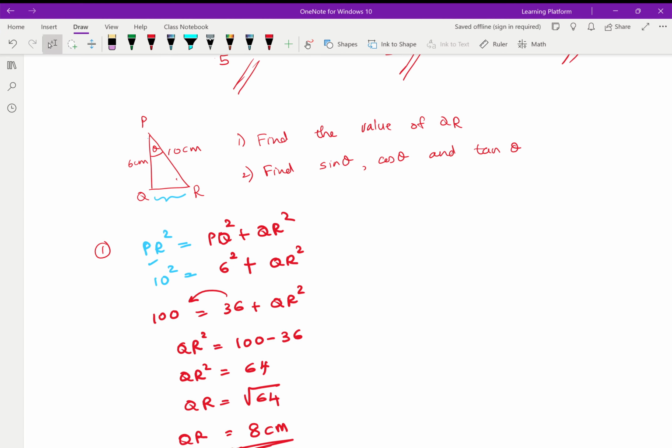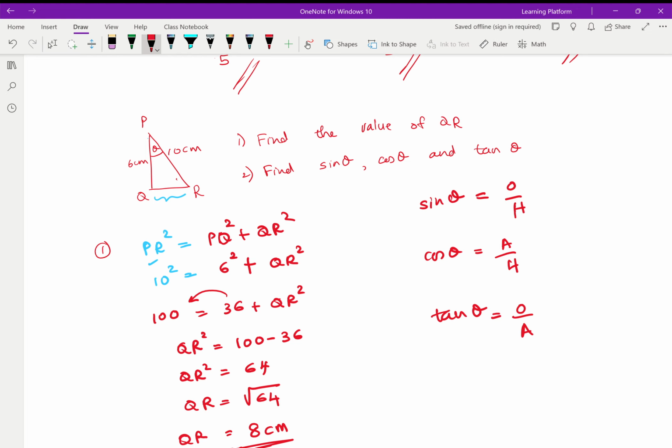Now you have to find the value of sin theta, cos theta and tan theta. Sin theta you know, opposite over hypotenuse. Cos theta you know, adjacent over hypotenuse. Tan theta you know, opposite over adjacent. Okay.